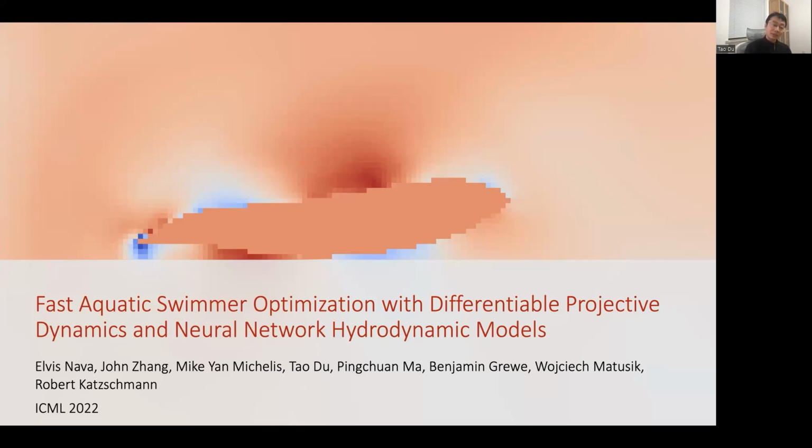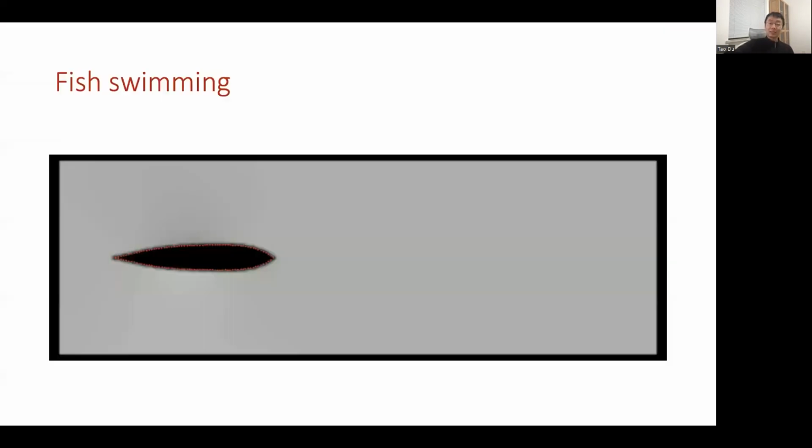So in this work, our goal is to come up with a plausible and hopefully fast simulator for our robotics friends to design soft underwater fish. And it turns out to be quite non-trivial due to a number of challenges.